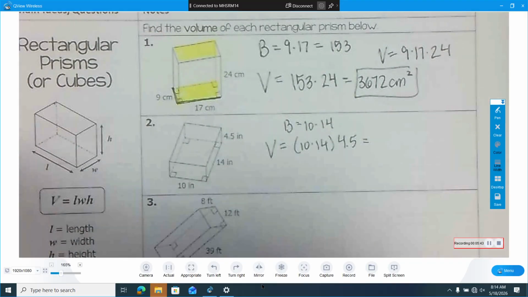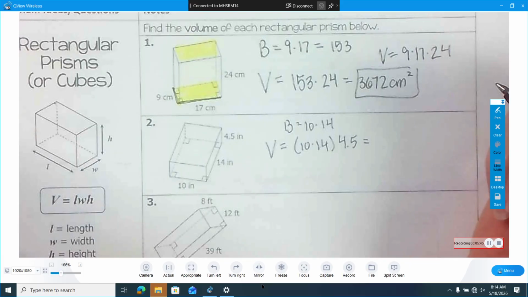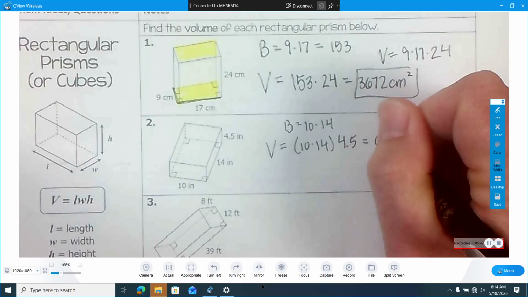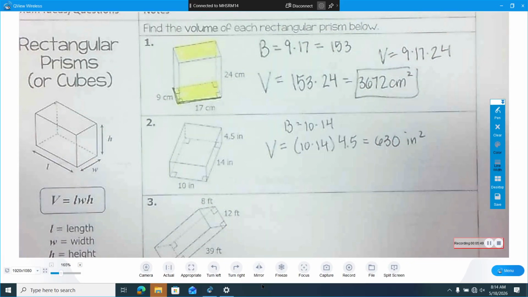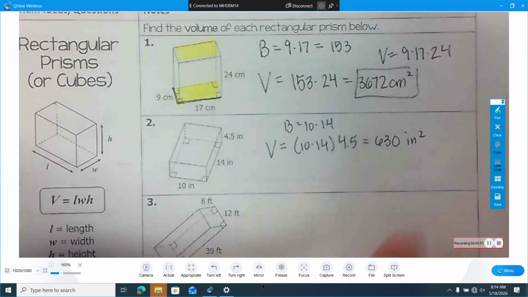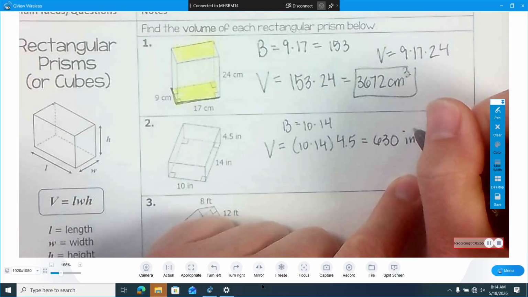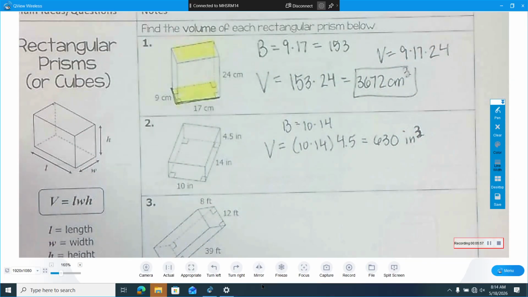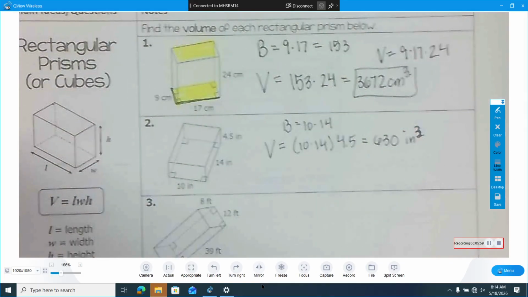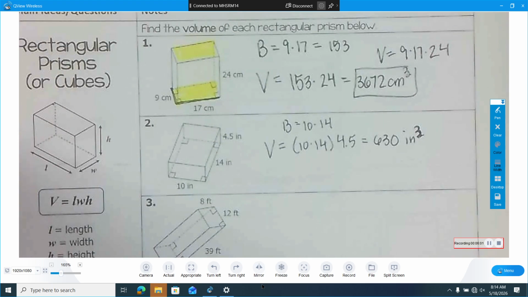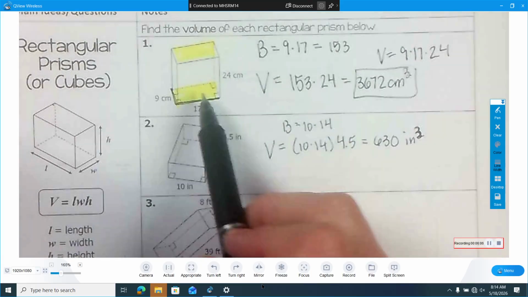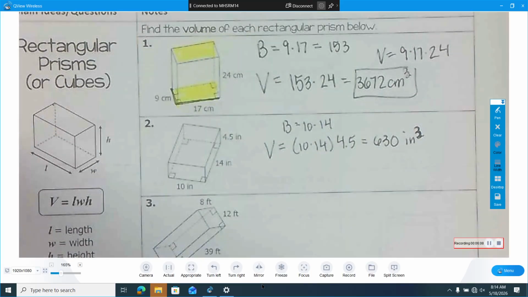Oh, 10 times 14 is 140, times 4.5 is 630 inches squared. Oh, cubed. I'm not in area anymore, I'm in volume. Volume is inches cubed. That's right, cubic inches. That's a measurement that fills up a space. Little 3672 centimeter cubes would fit inside this figure.